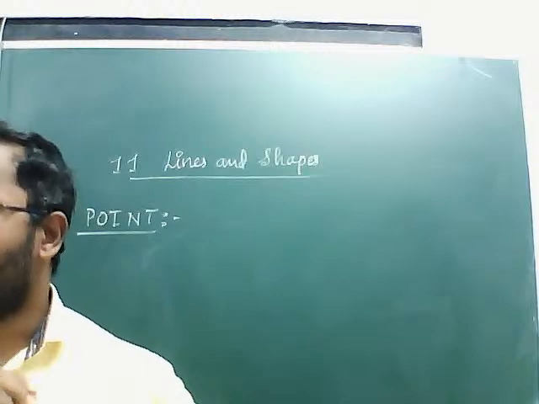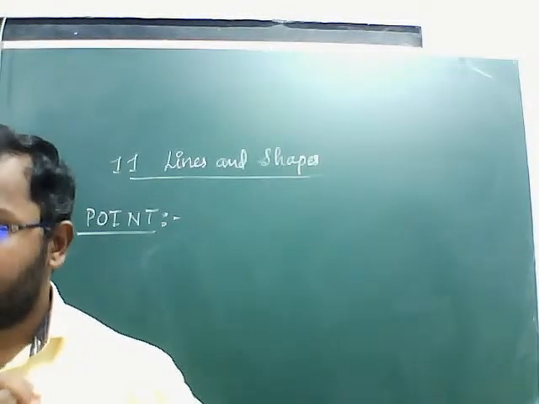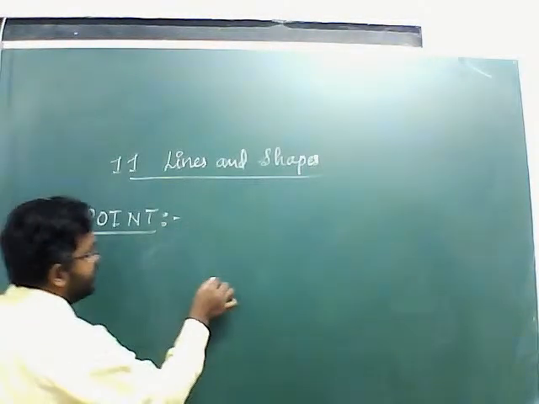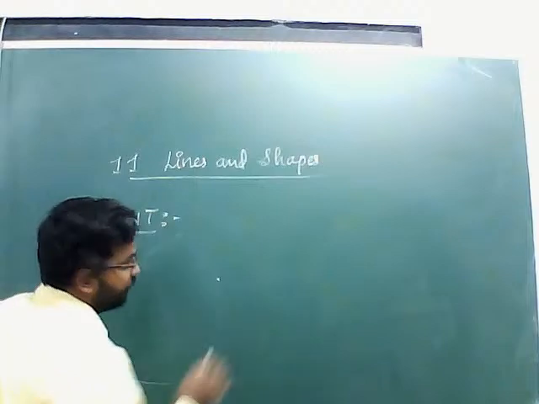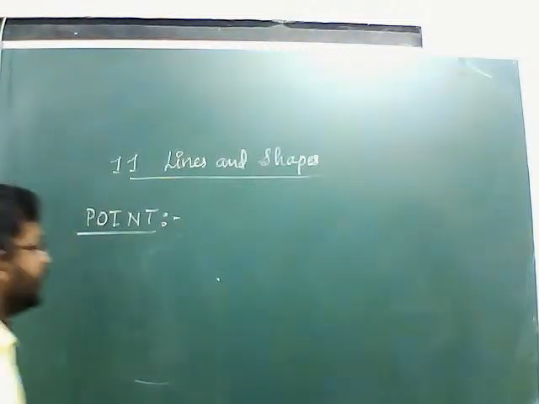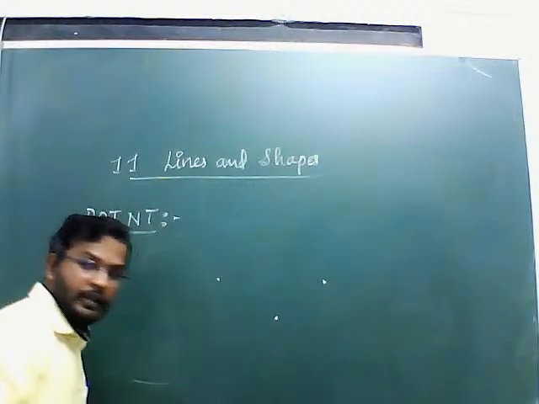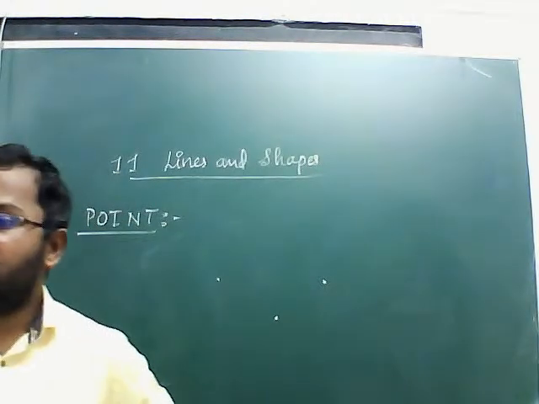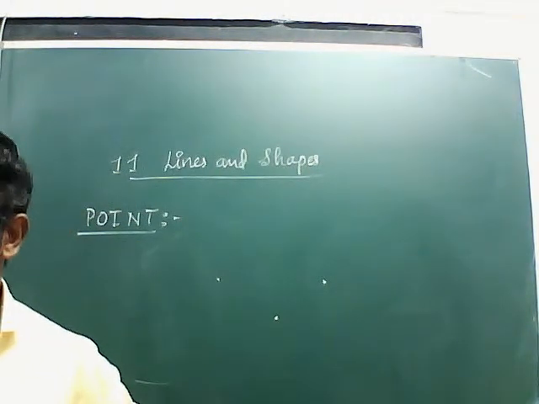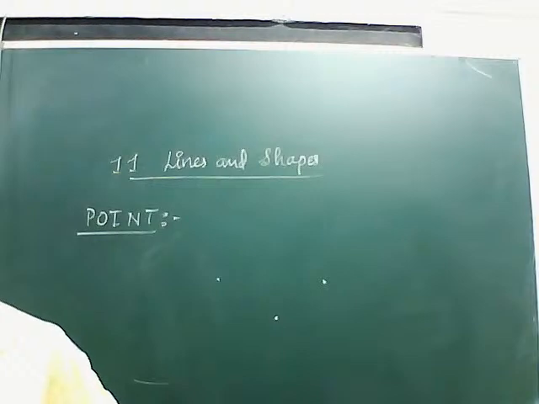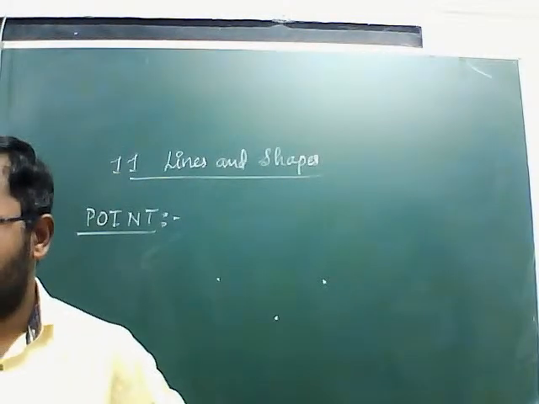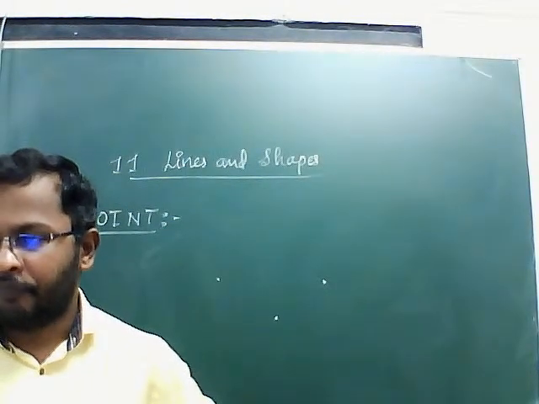Point means it's just a single dot. It can be here, it can be anywhere. You don't have to write anything. Just listen to this class, and afterwards I will give the notes, and from there you can copy it.